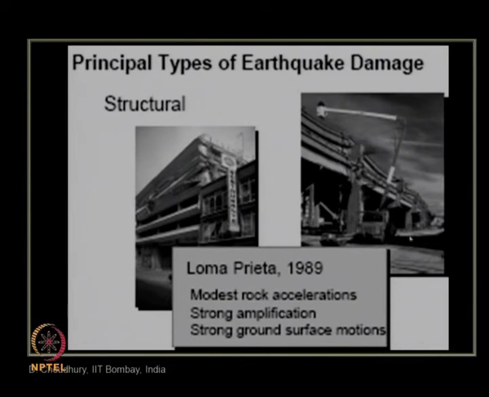But again, the soil condition was majorly responsible for creating a strong amplification, which increased the basic input bedrock seismic acceleration to a larger value, which finally created damage to the structure. So, that strong ground surface motion also created the damage in this 1989 Loma Prieta earthquake.